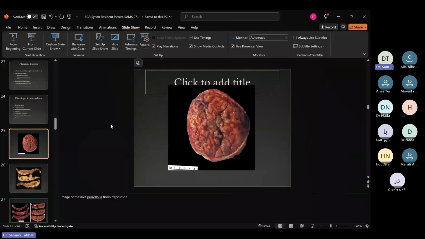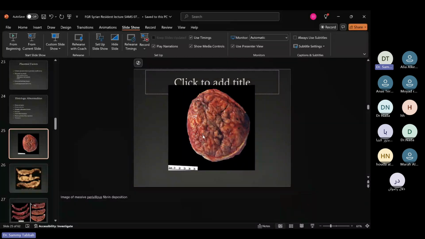And these pictures of the placenta are examples of the massive fibrin that can be deposited within the placenta. You can see where the placenta is normally a beefy red and purple mixture of colors. Here you can see there's a lot of yellow within the placenta, and that's fibrin deposits.